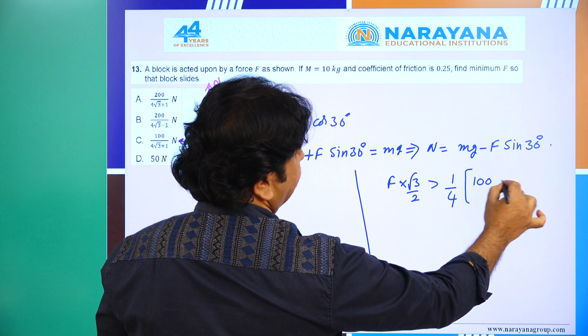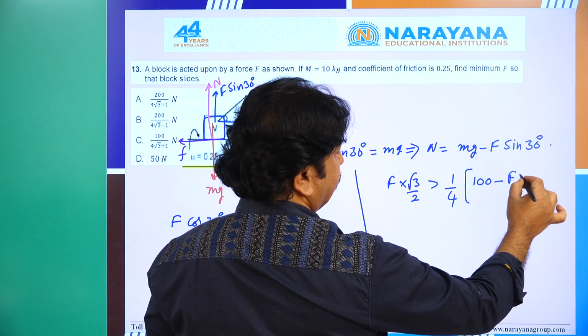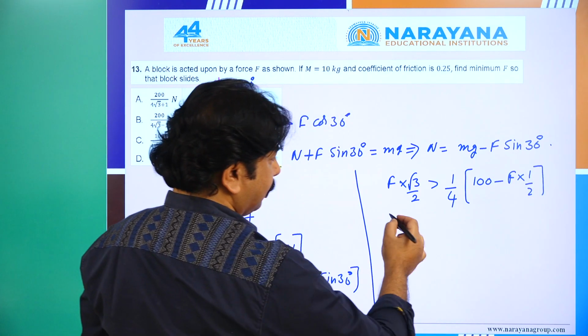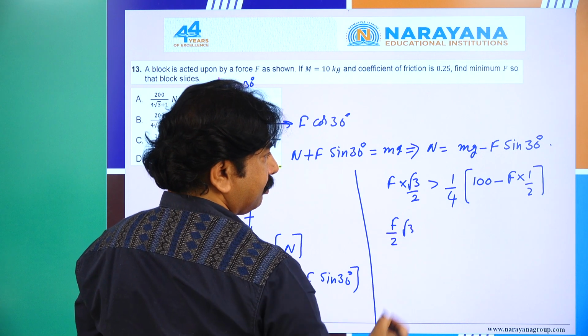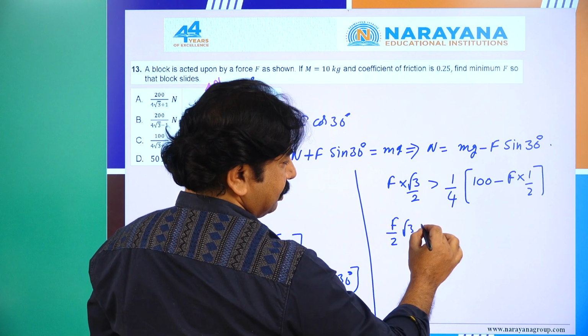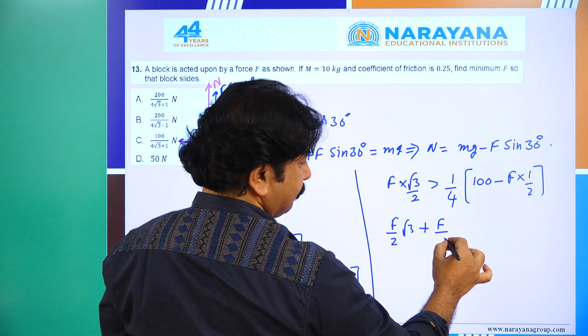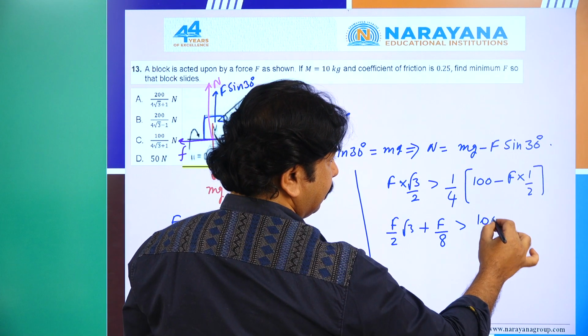So 100 minus F into sin 30, 1 by 2. So F by 2 of root 3, take this side, plus F by 8 should be greater than 100 by 4.